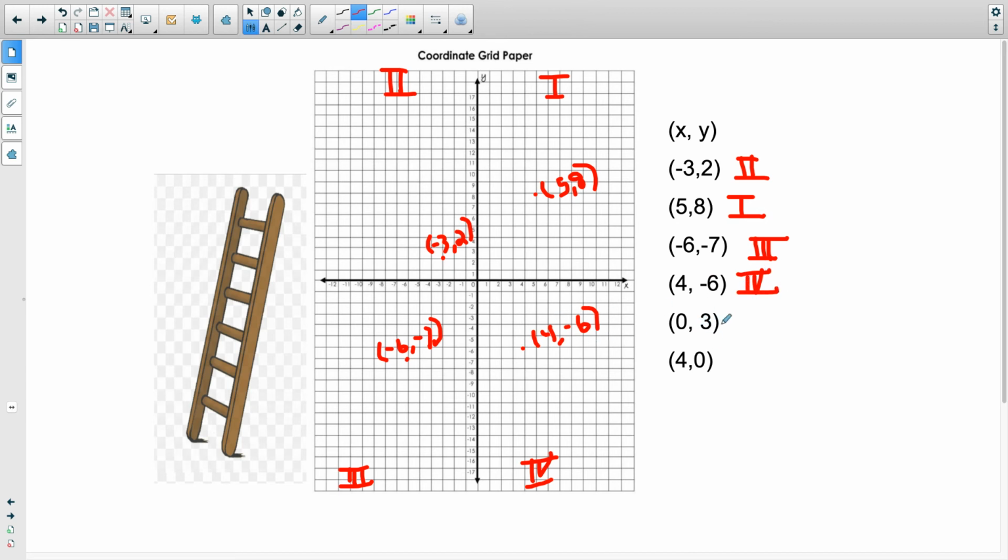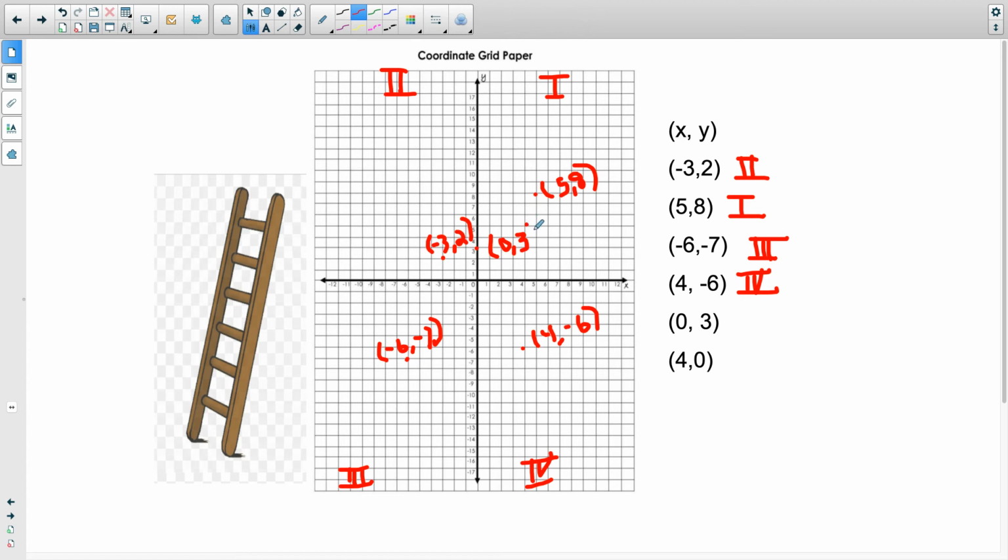Now 0, 3. That was a little different. I start at 0, 0. I don't move any left or right because my x value is 0, so it's right here. My y is 3, so I move up 1, 2, 3. I put my dot there. So that's 0, 3. But which quadrant is it in?